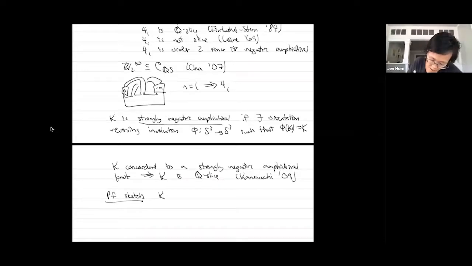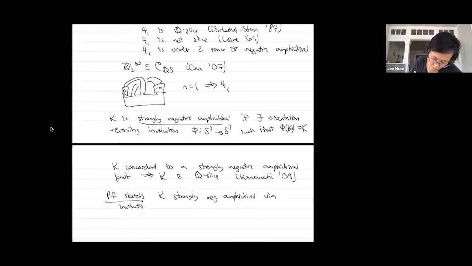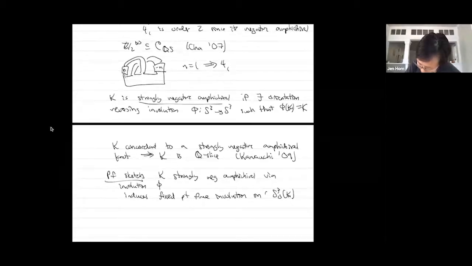Okay, so suppose K is strongly negative amphichiral via an involution phi. Then this induces a fixed point free involution on the zero surgery along K. I'll call it phi tilde.